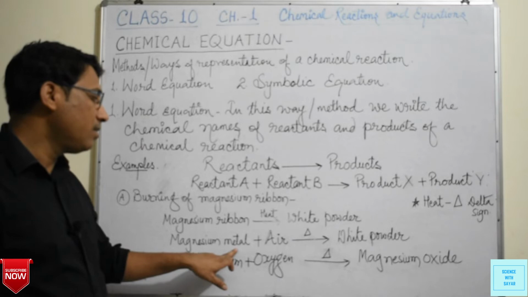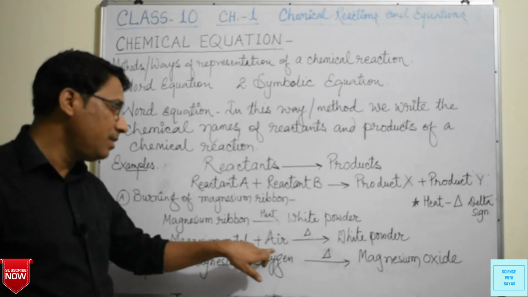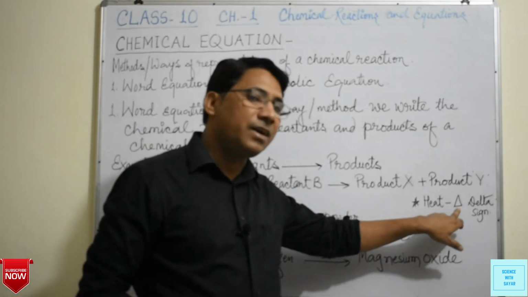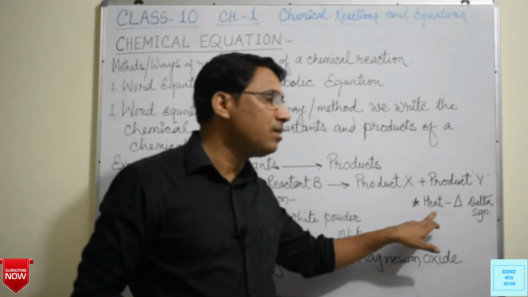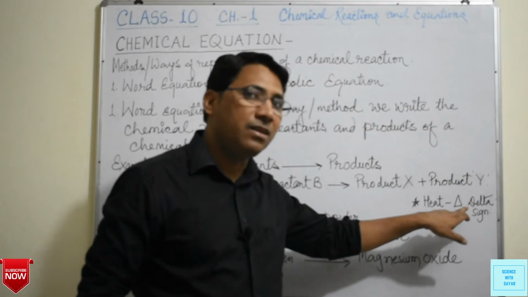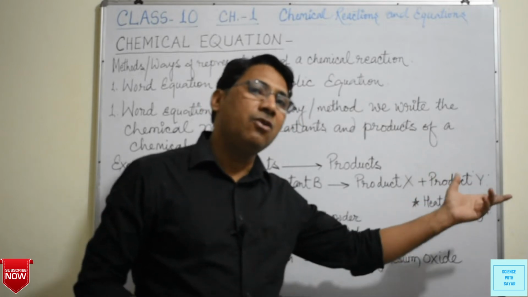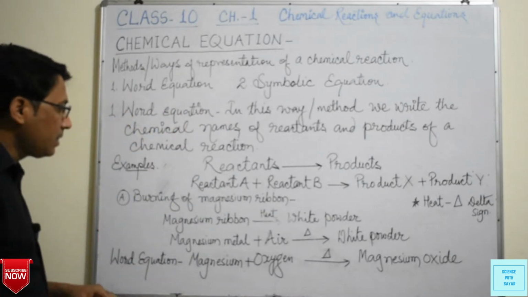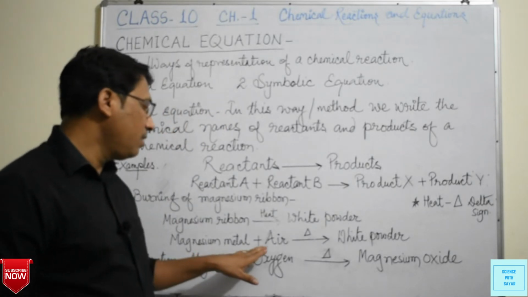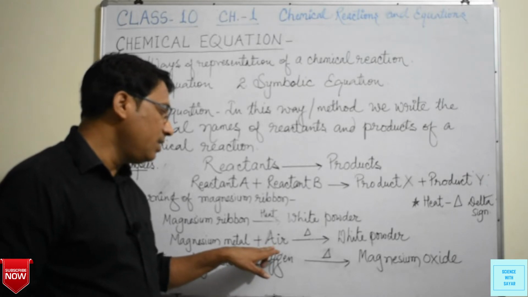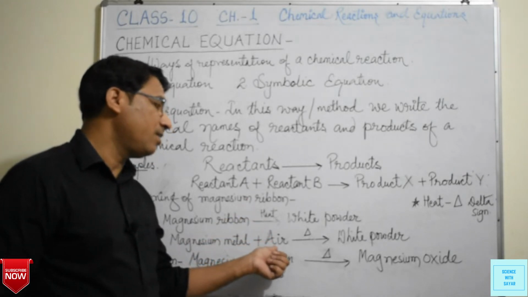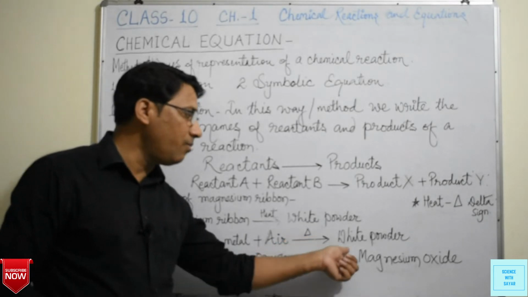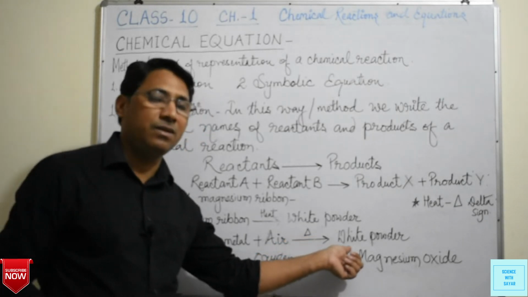Magnesium metal is burnt in air. This sign is the delta sign. For heating an object we use the delta sign; it means we are providing temperature, heat. So magnesium metal reacts, burnt in air after heating, and a white powder is formed.